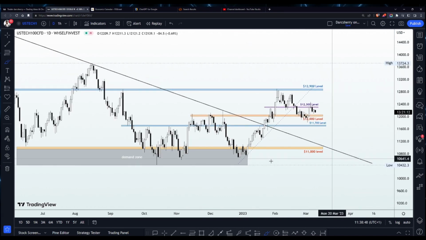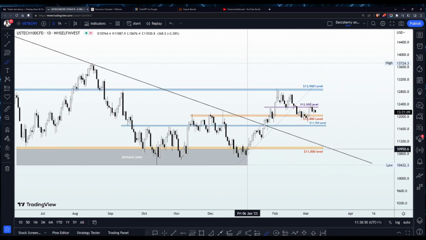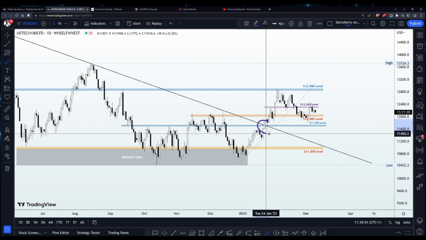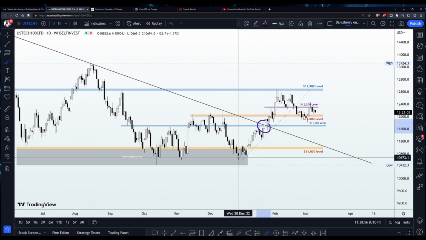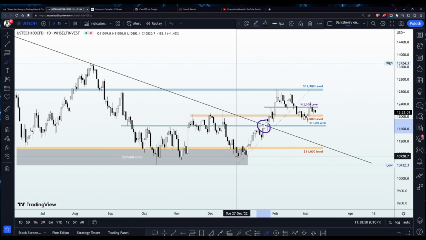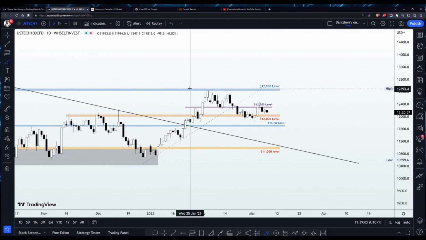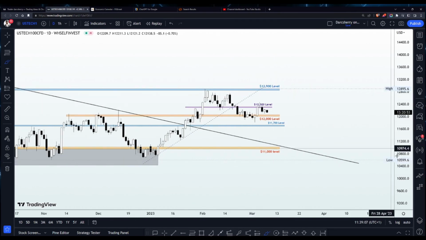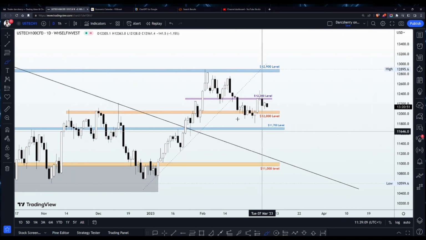And since then, price action has continued to find higher highs, higher lows, leading to the breakout of that bearish trend line to emphasize that the trend line is no longer strong enough to hold that bearish momentum. Now, we saw a situation where price climbed back into the 12,900 level. Since it got to the 12,900, what did we see?